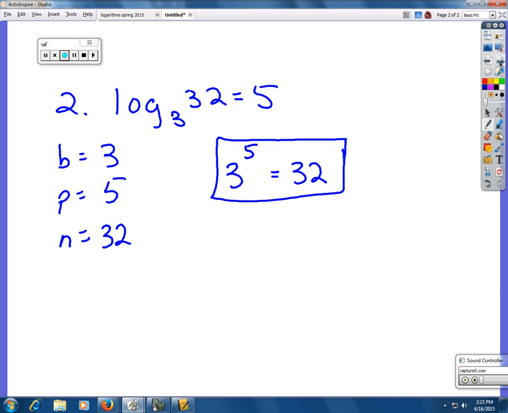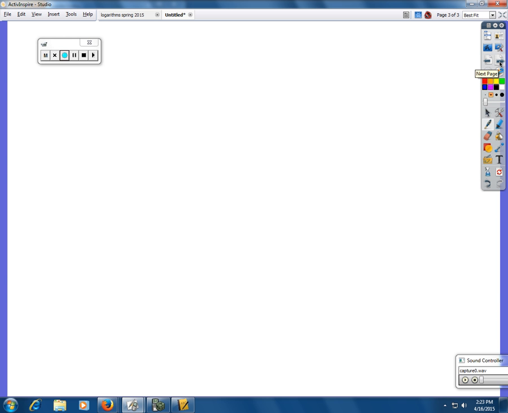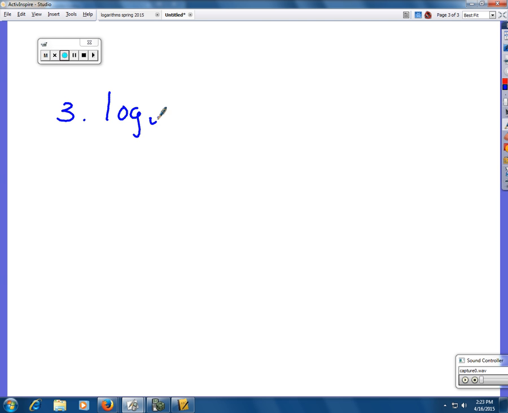Number 3. This one says to evaluate, which is on page, I believe, page 2 of your foldable. You're evaluating log base 4 of 64 is equal to x. The first step is set it equal to x. You're told to evaluate, so you would set it equal to x and then convert.